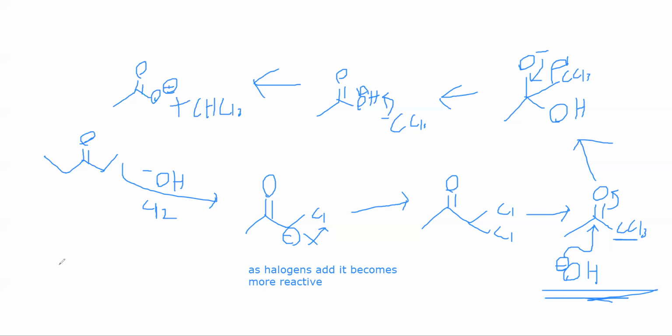Also, if you're doing this with I2, you would end up forming CHI3 if there's a methyl group next to the ketone. And as I've said before, this is a yellow precipitate. And it's only going to form if there's a methyl group alpha to the ketone. So that's a conceptual question you might be asked that might be good to be aware of. That's going to form if you add I2 with basic conditions to a methyl ketone.